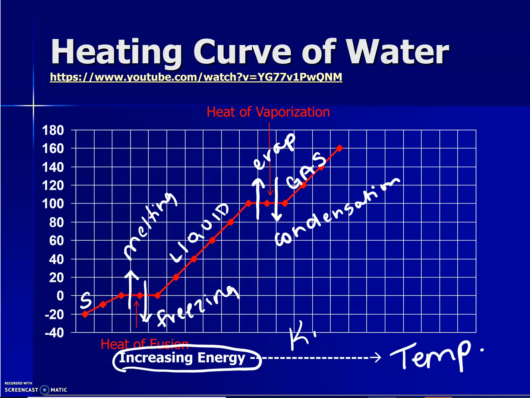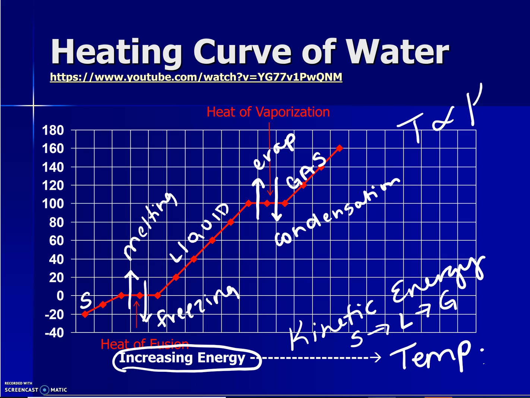We're going to give them more kinetic energy. And that kinetic energy causes those molecules to move around more and more and spread out more and more, so we can go from a solid to a liquid to a gas. So temperature is proportional to the amount of kinetic energy the molecules have.